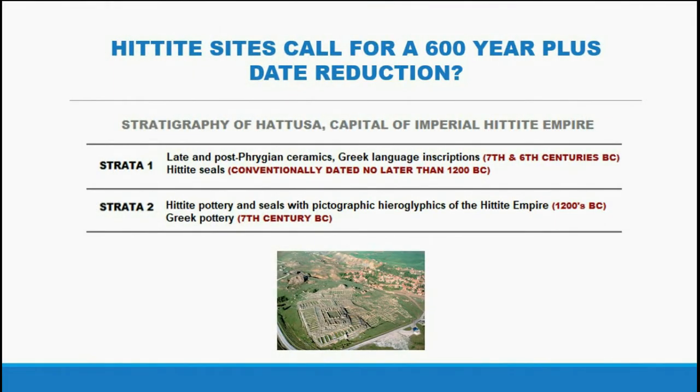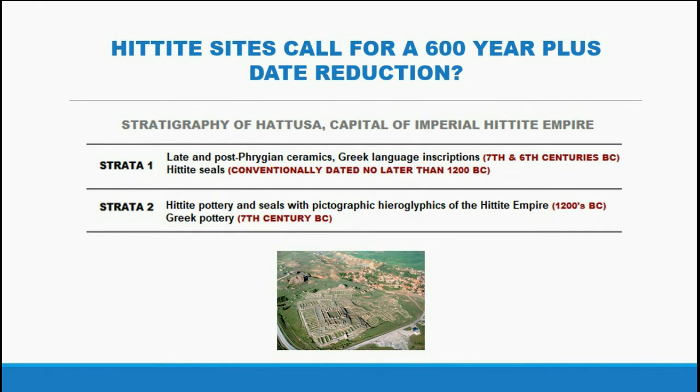At Hattusa, the capital of the Imperial Hittite Empire, in the top stratum, level 1, archaeologists found late Phrygian and post-Phrygian ceramics together with Greek language inscriptions, evidence of the 7th and 6th centuries BC. There were also Hittite seals.